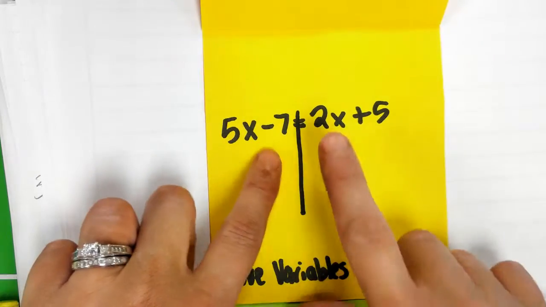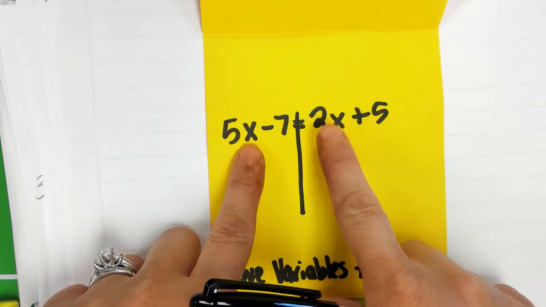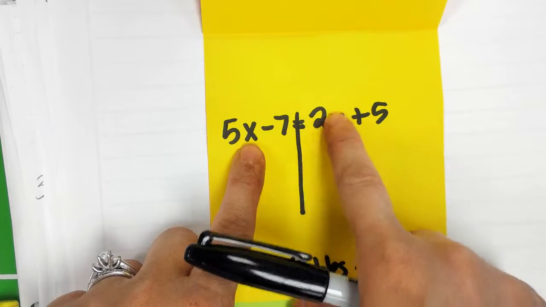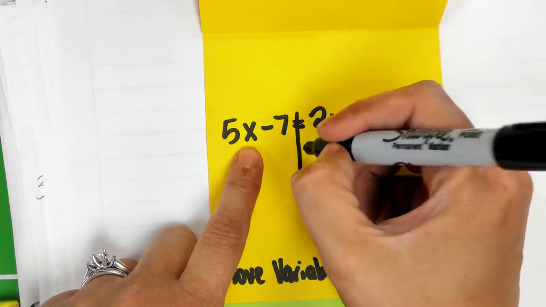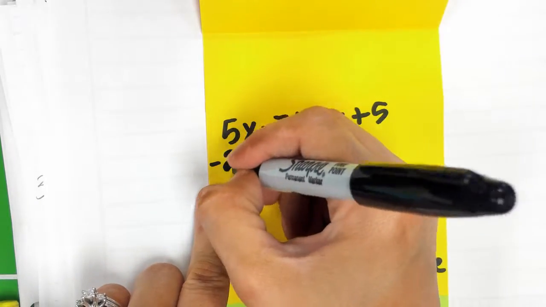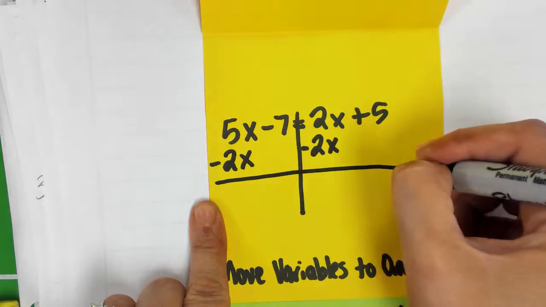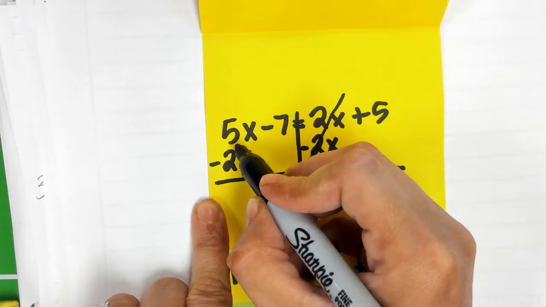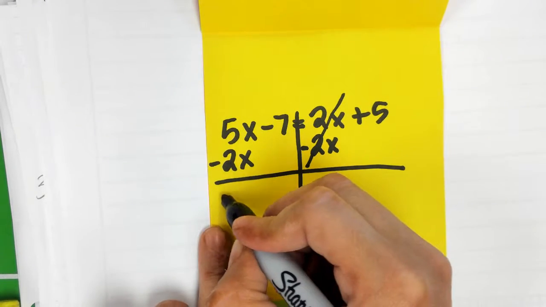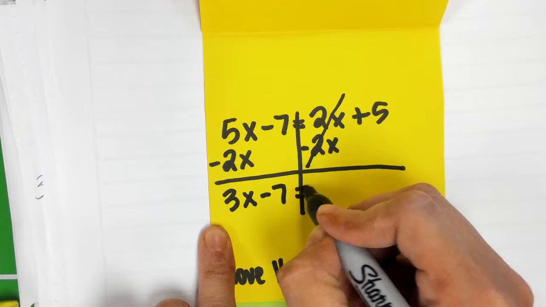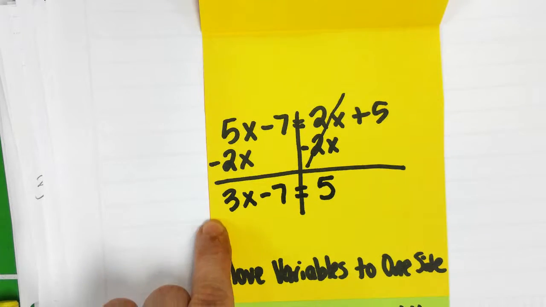This is where I look and see I have 5x and 2x, and I pick the smaller one. So that's 2x. This positive 2x, that tells me I subtract it. And these cancel. 5x minus 2x, 3x. Bring down minus 7 is equal to 5.